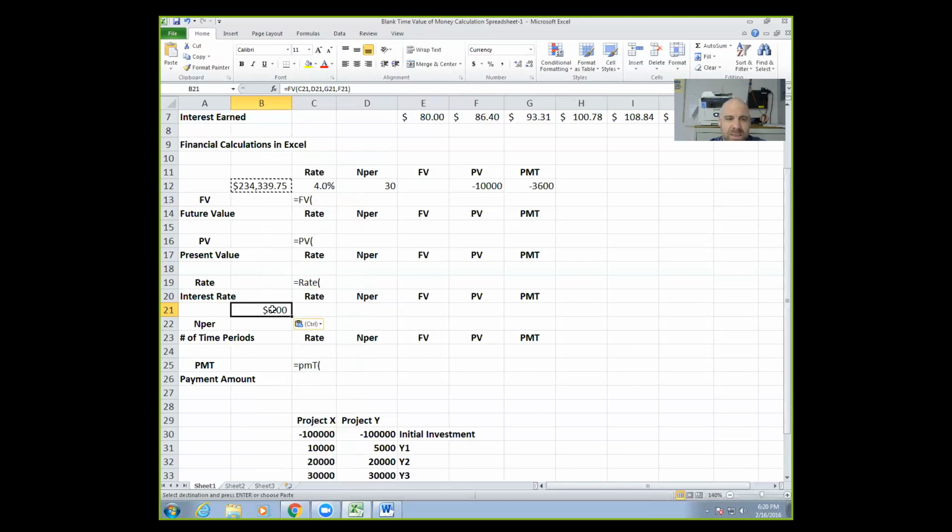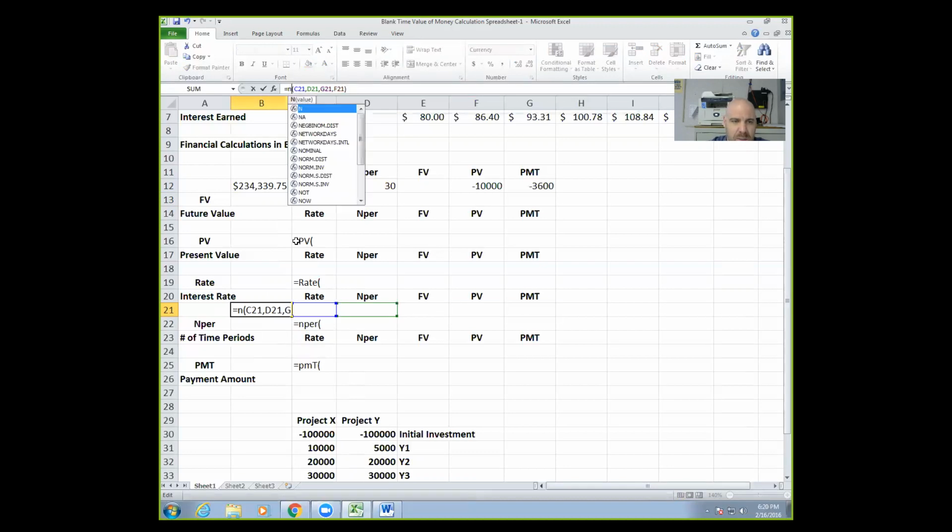Because the function was here and it was pulling from everything to the right, when I copy it down here, the function is here and it will pull everything from the right. But I do need to change this function from FV to NPER so that it calculates the right thing.